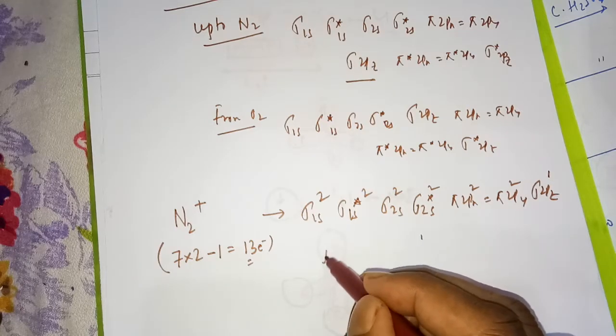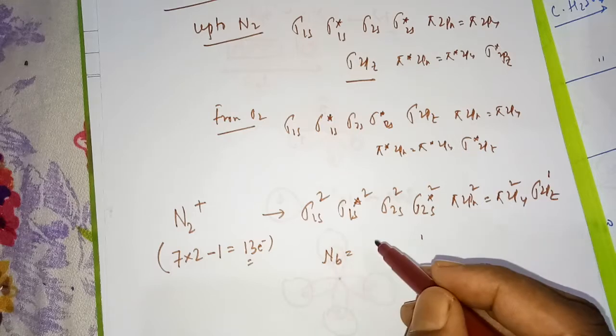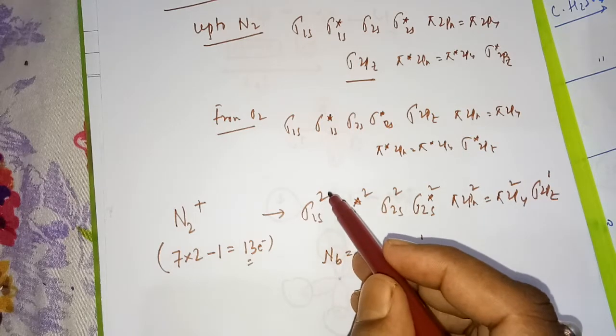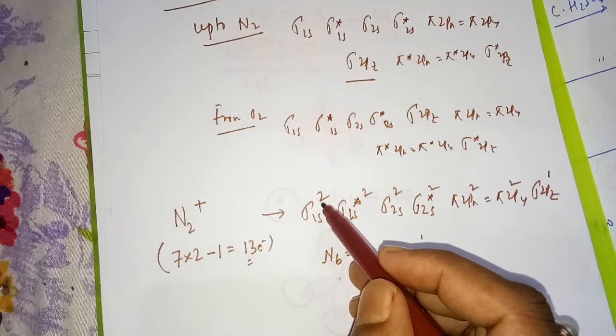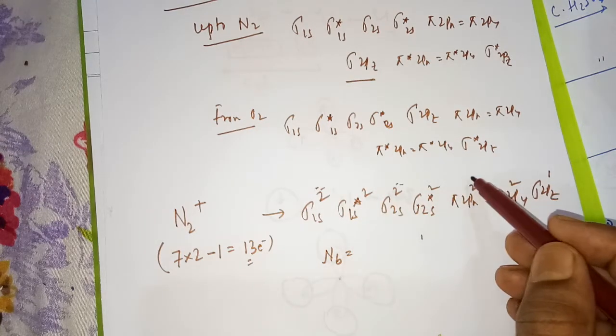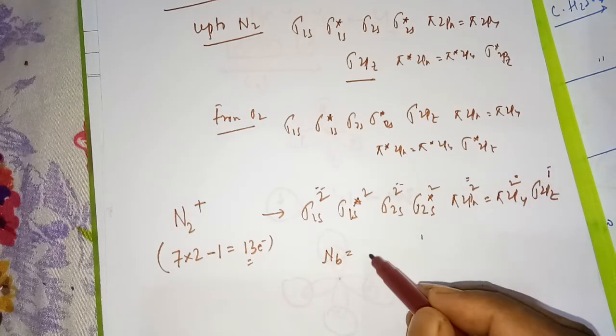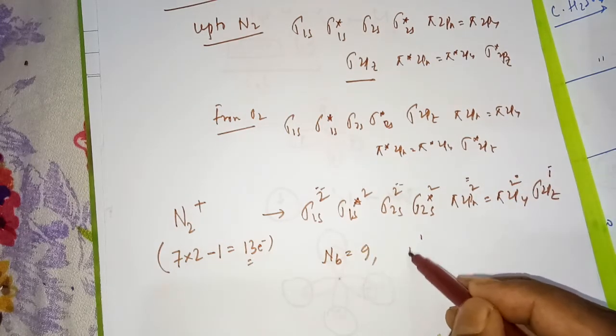Now one more thing you have to do: you write Nb, the number of bonding electrons. So count the bonding electrons other than the star ones: 2 plus 2 is 4, plus 2 is 6, plus 2 is 8, plus 1 is 9. The number of bonding electrons is 9.